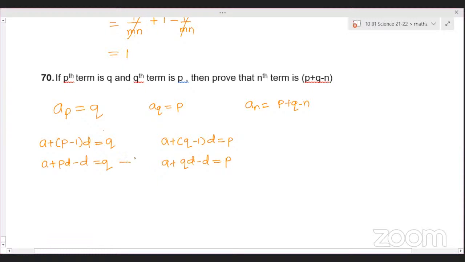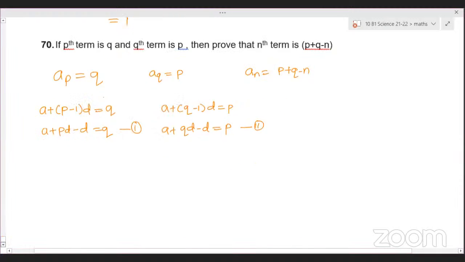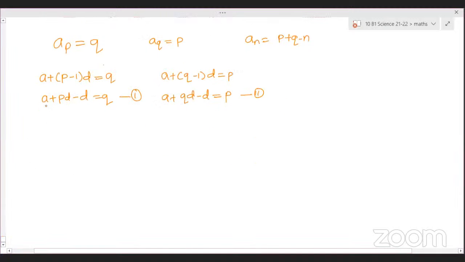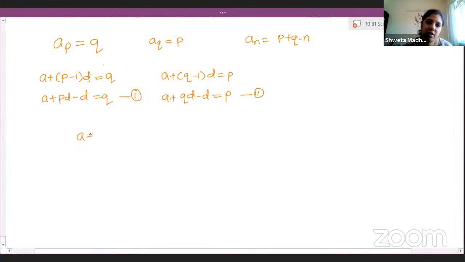Right, this is the first equation, this is the second. What we have to do is find the A and d values again. That is a linear equation in two variables, and we have to solve it. A plus pd minus d is equal to q, and A plus qd minus d is equal to p.